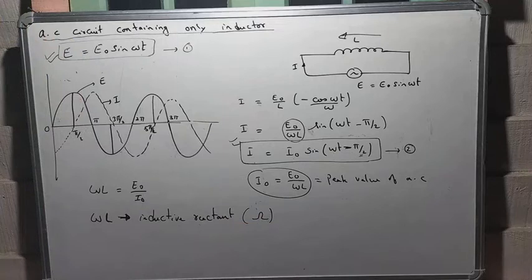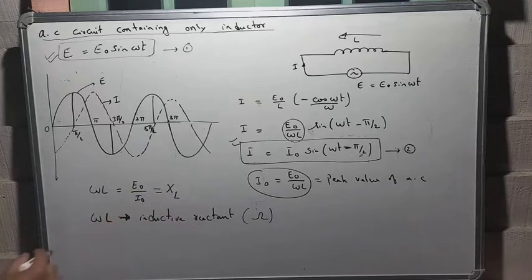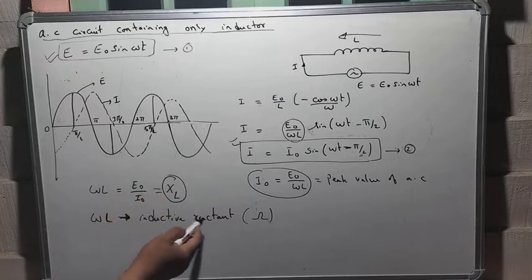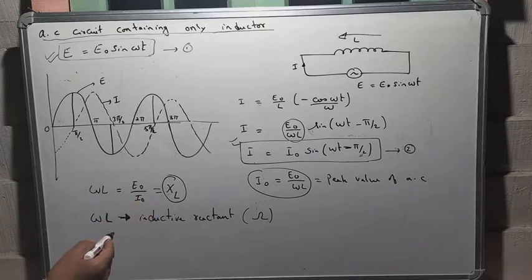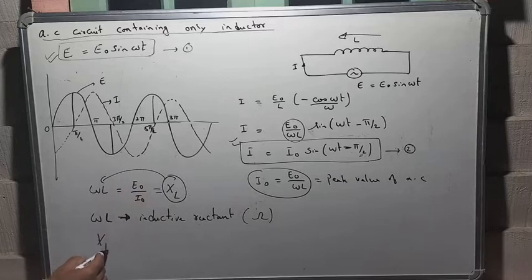Now, for this omega L, I will say this is equal to XL. So this is just another representation for the inductive reactance. So when I say inductive reactance, it means XL, and this XL is equal to how much? XL is equal to omega L.